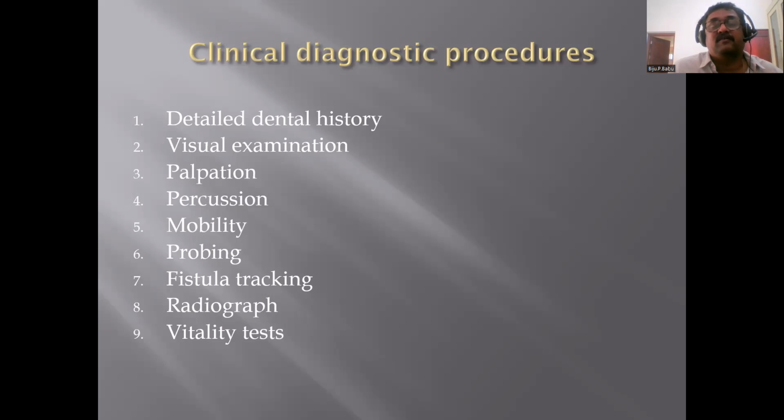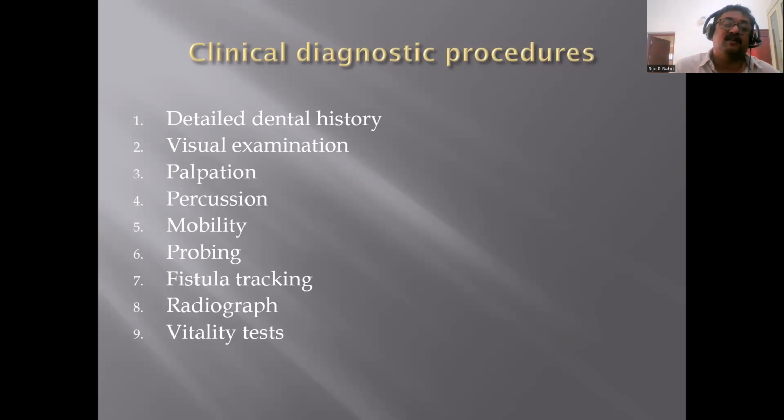Similarly, visual examination of the oral cavity, the surrounding supporting soft tissue and hard tissue, palpation, percussion, mobility, probing, all that should be done, because a periodontal issue will have a little different set of clinical symptoms.